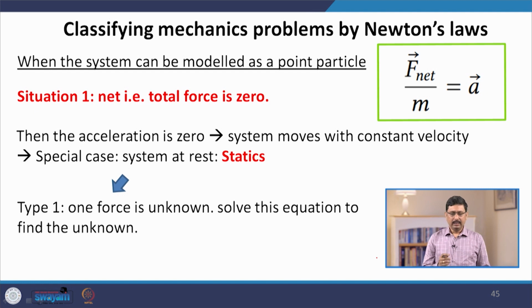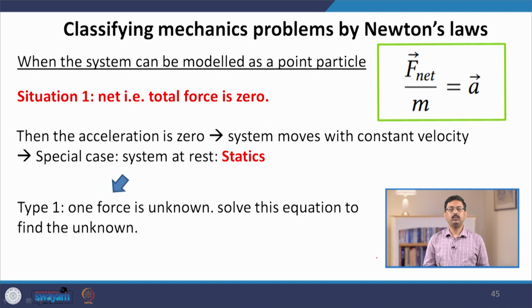Now, this is a disclaimer: I have given you a sort of classification based on a picture of the system that I have in mind, a system which can be modeled as a point particle.